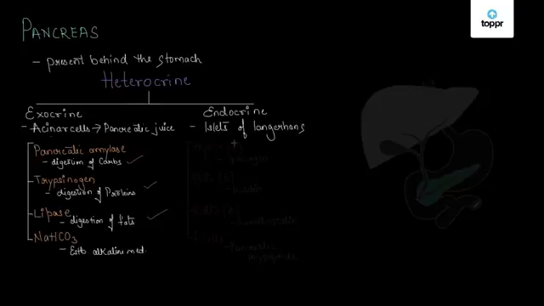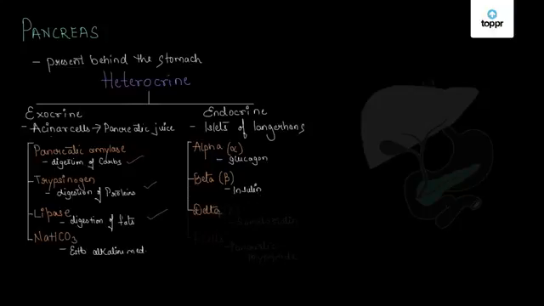Next, if you see the islets of Langerhans, you will notice that the first cells are the alpha cells. The alpha cells are responsible for the secretion of glucagon. So glucagon is a hormone which is released by the alpha cells. Next, the beta cells are responsible for the synthesis of insulin.